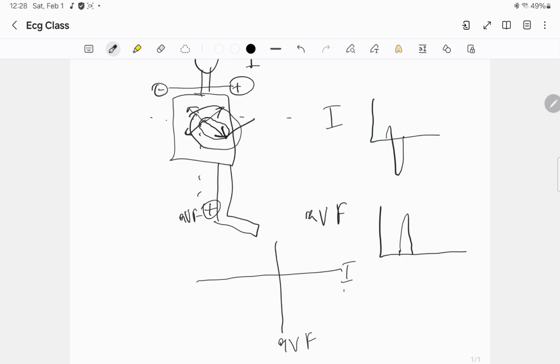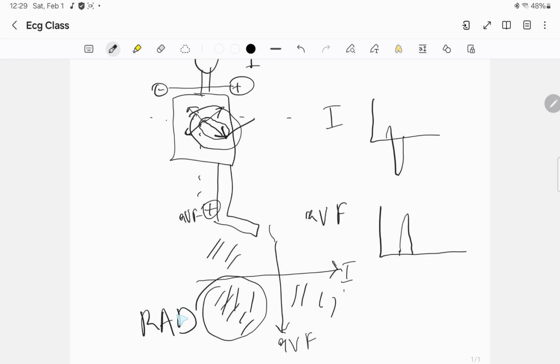And lead 1 is saying here, because it's predominantly negative, that this impulse is going away from lead 1. So it's not going towards the left, it's actually going towards the right. So it's somewhere over here. And for AVF, the impulse is going towards AVF or going downwards. So it's somewhere down here. So this is where it intersects. So therefore, this is right axis deviation.